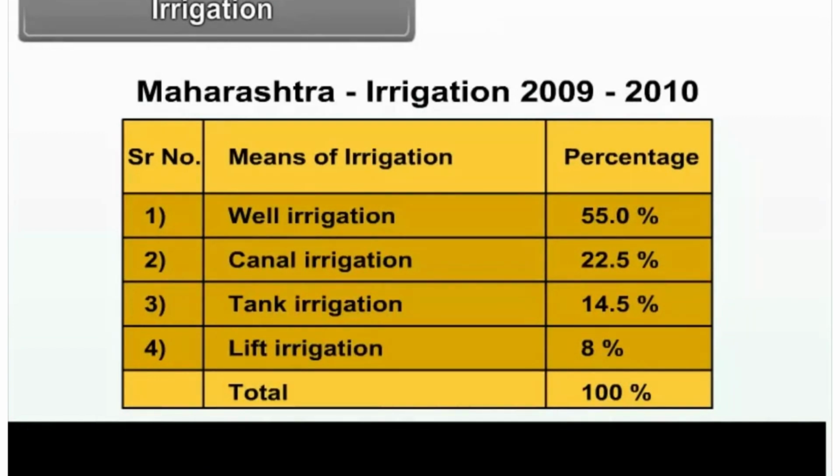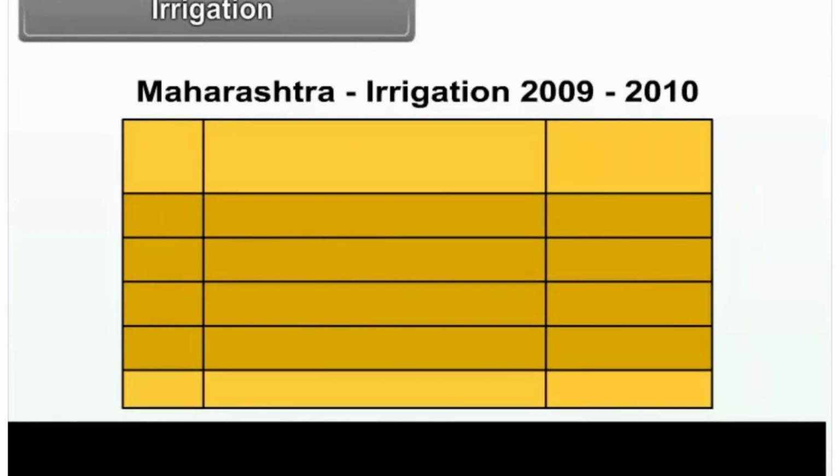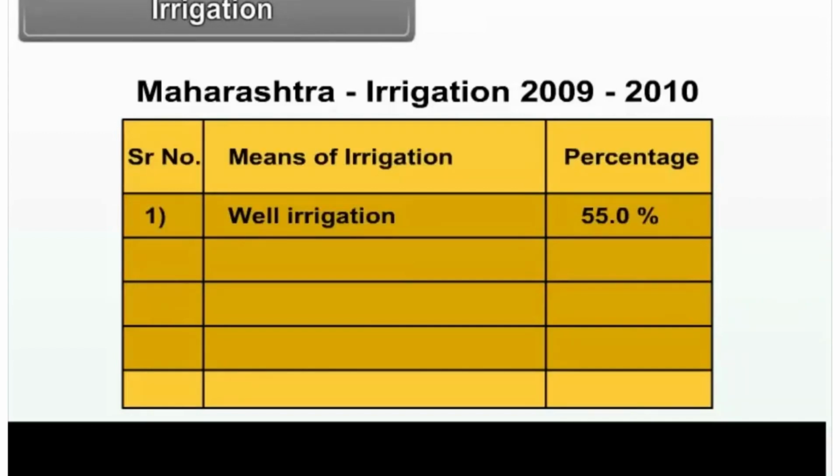Table number 2.1. Maharashtra, irrigation 2009 to 2010. Number 1. Means of irrigation, well irrigation. Percentage 55.0. Number 2, means of irrigation, canal irrigation, percentage 22.5.